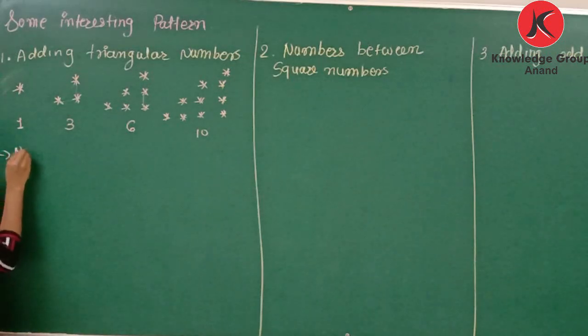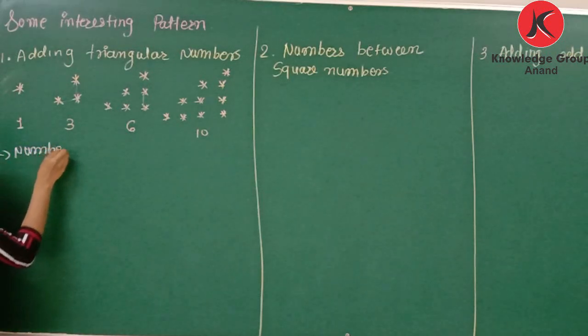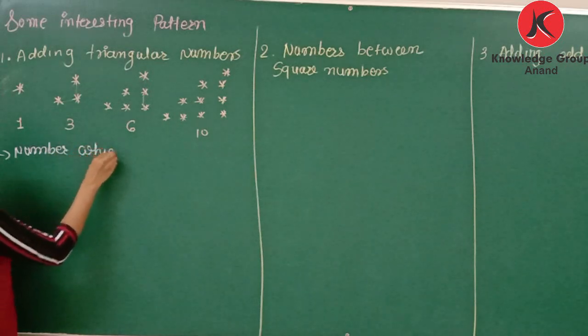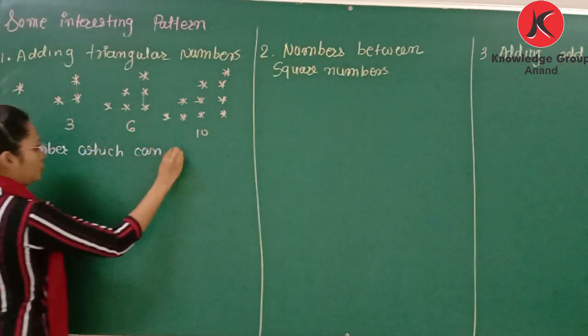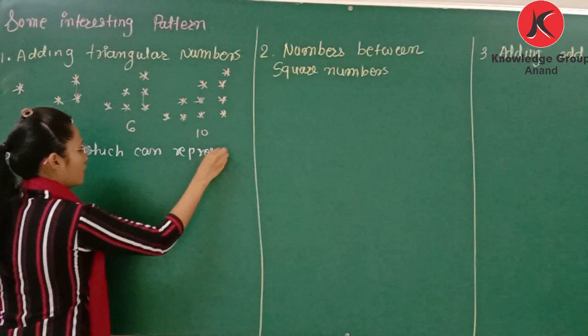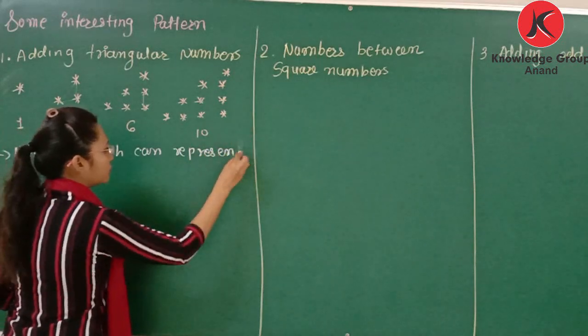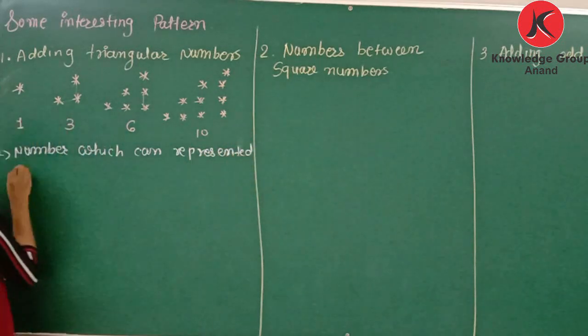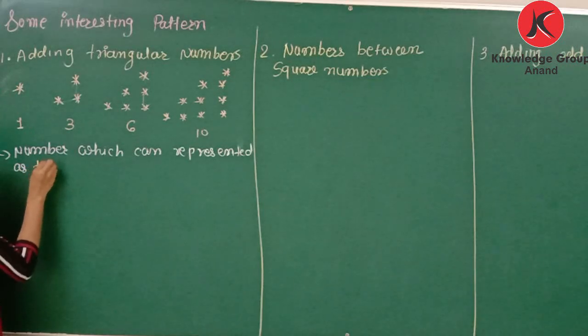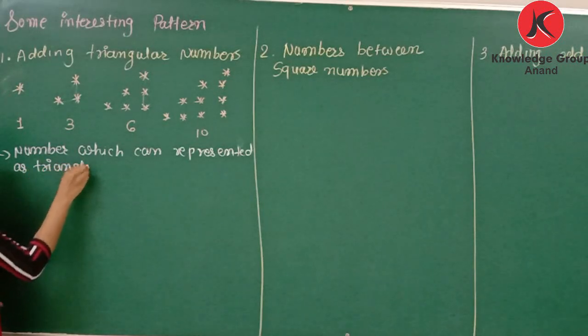So numbers which can be represented as a triangle are called triangular numbers.